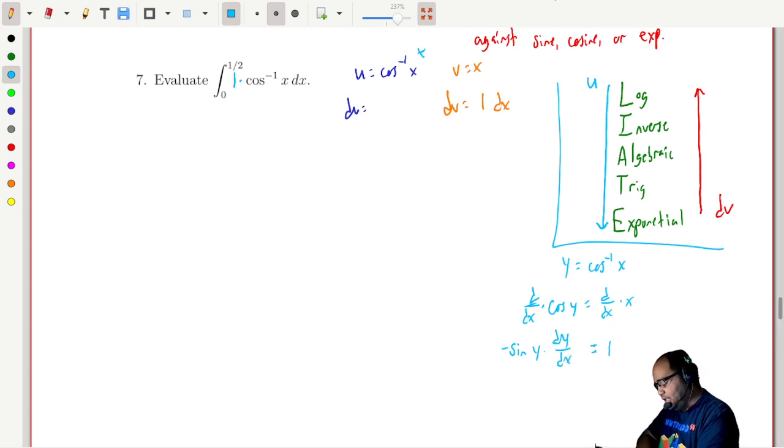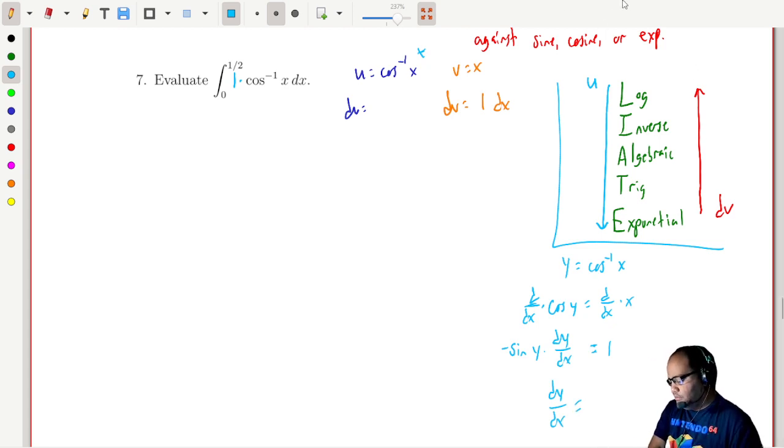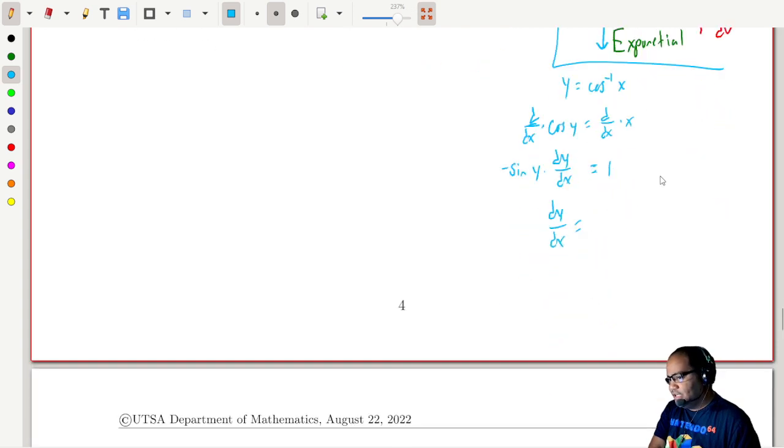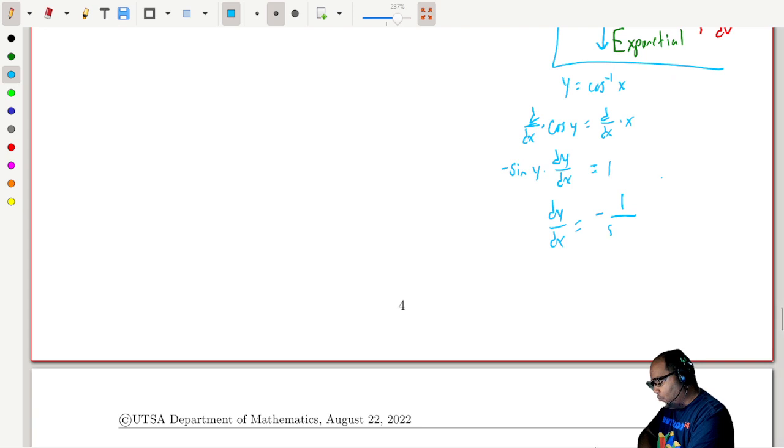Now we solve for dy/dx, so dy/dx is going to be equal to minus 1 over sine y. But I want this in terms of x. Remember from here, x equals cosine of y.